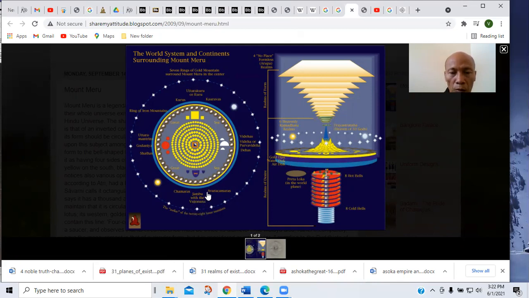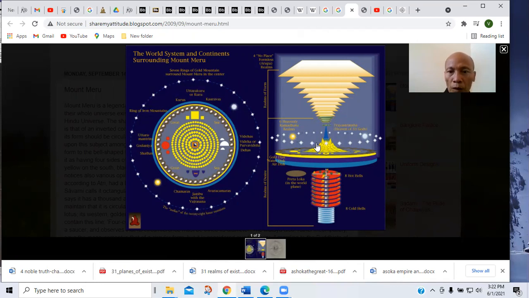According to the Buddhist view, we live here, in Jambudvipa in the south, and this is the sun, and this is the moon, and there are other realms too in this human realm.